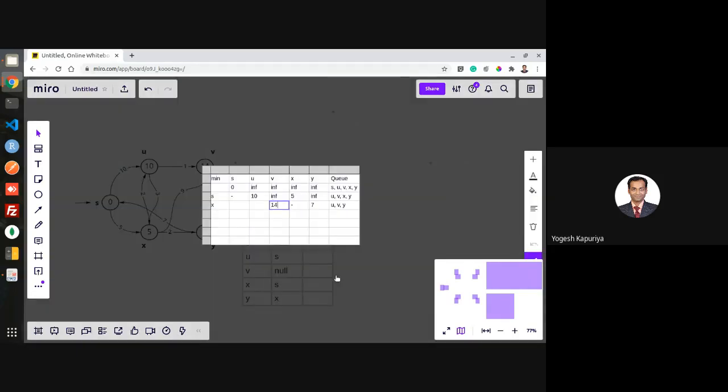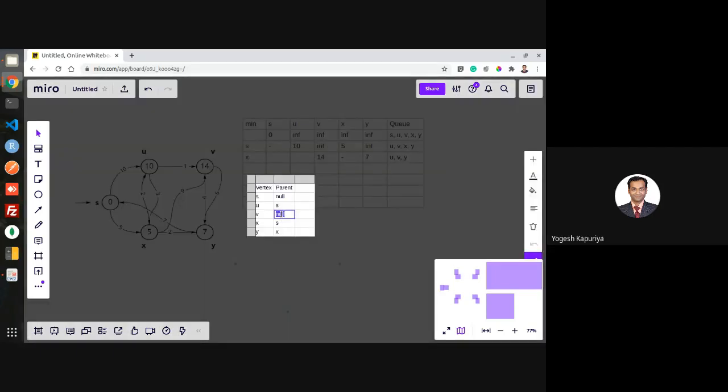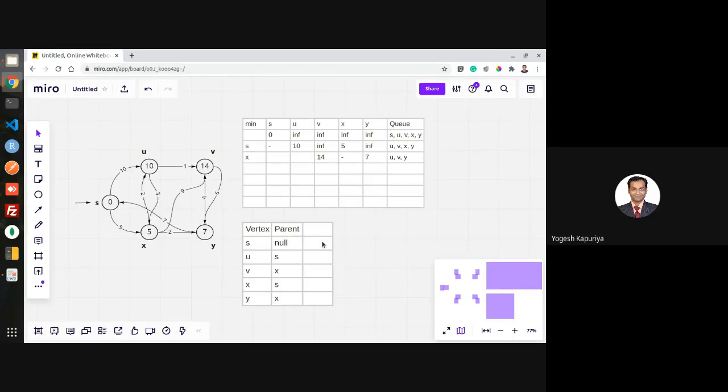This is changed to 14, and because we updated this value via X, the parent of V will be changed to X, right? The third edge is between X and U. The current weight of X is 5, the weight of XU is 2, so 5 plus 2 is 7.